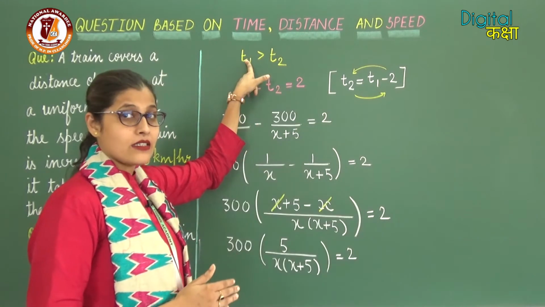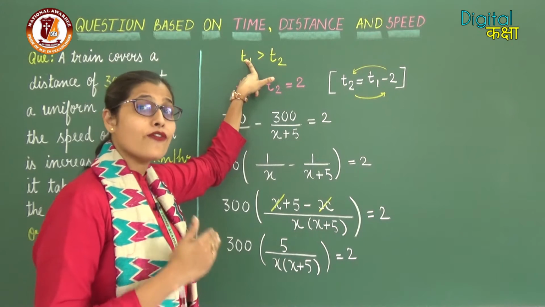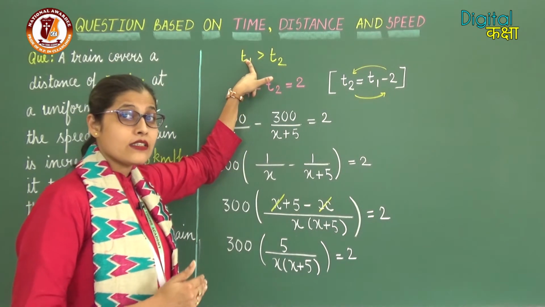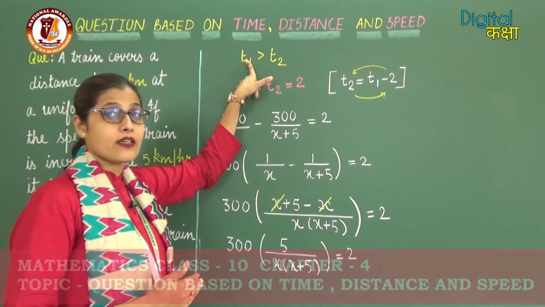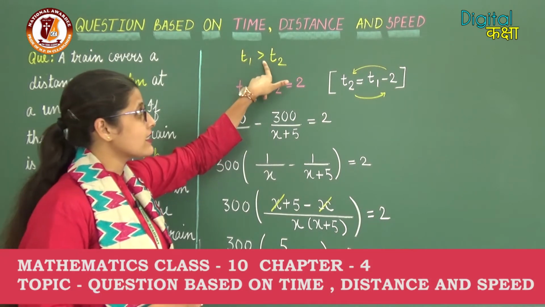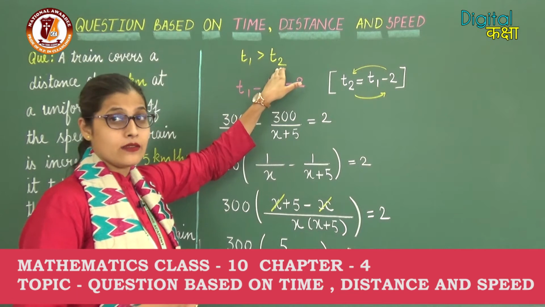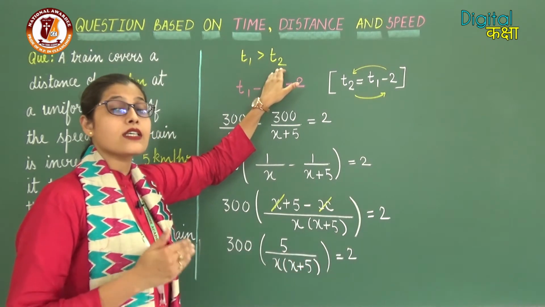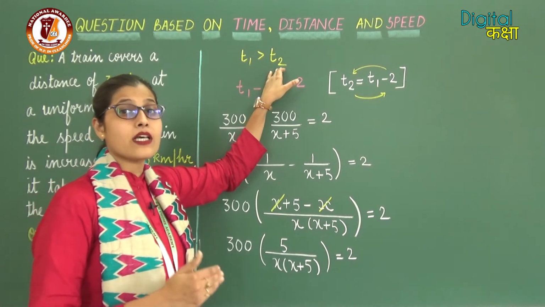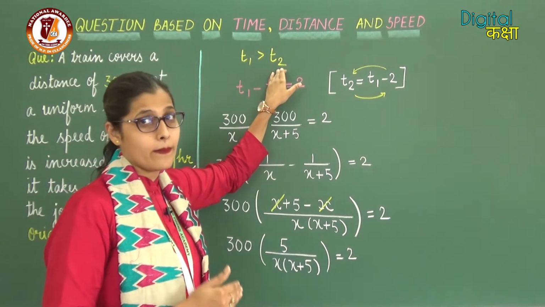It means that the time taken in the first case, with the speed of x km per hour, is greater than the time taken when it is moving with the speed of x plus 5 km per hour.